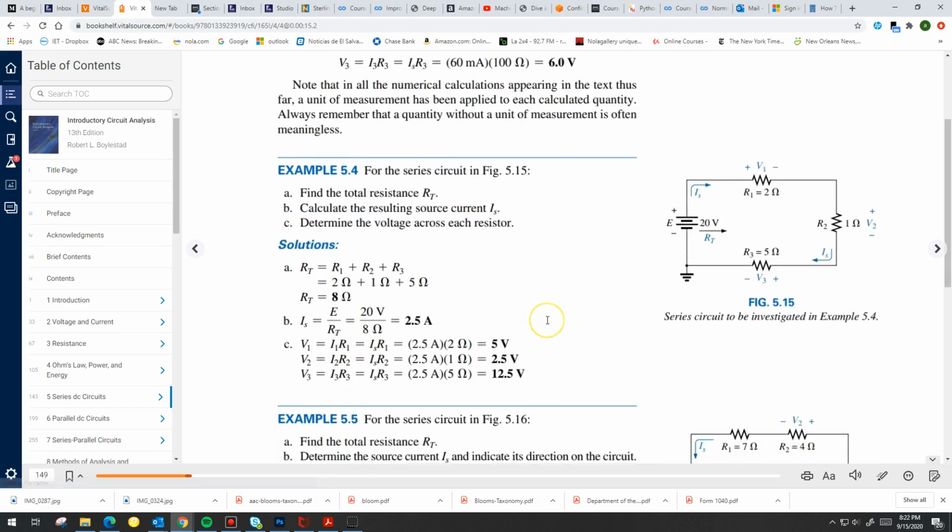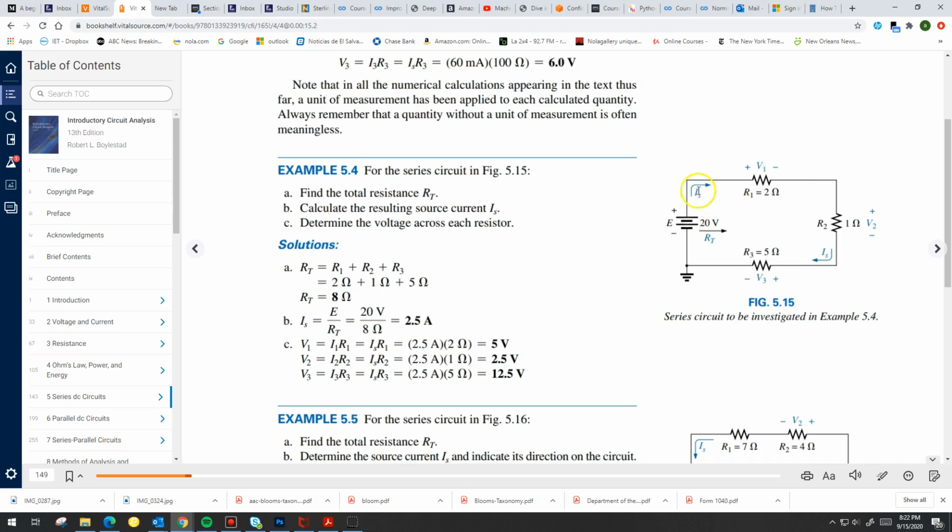Another example here, it says, first of all, find the total resistance in the circuit. Okay, then using that value, calculate the source current, and then find the individual voltage drop across each of the resistors. So this is the same thing we did before, but all put together under one example.